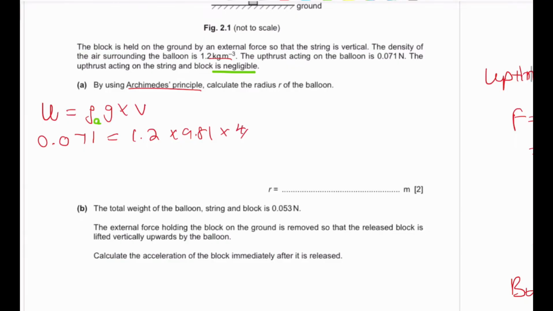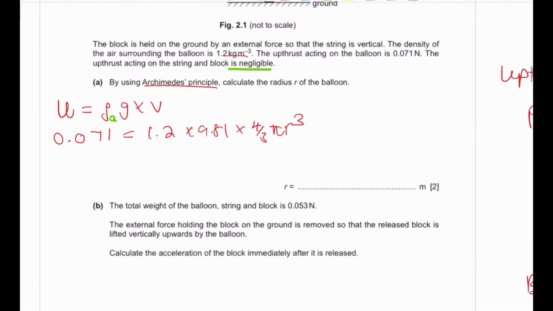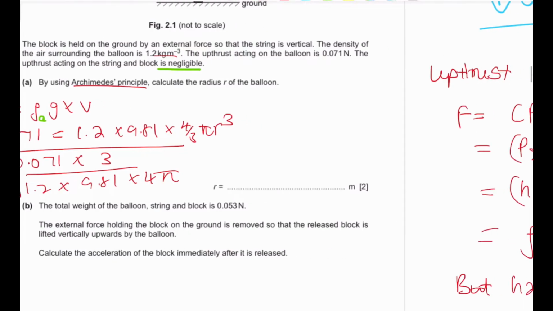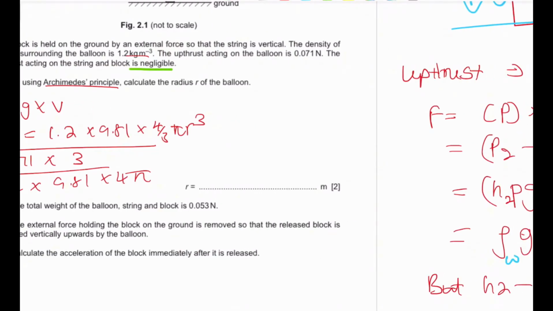So how do you find the value of r? The value of r will be 0.071 multiplied by 3, divided by 1.2 times 9.81 times 4 pi, the cube root of all of that, right? So our radius becomes approximately 0.11 meters.